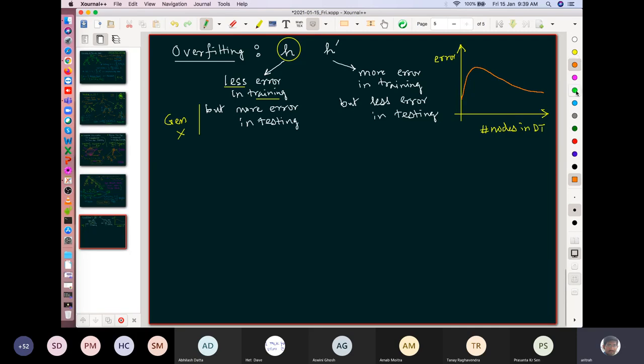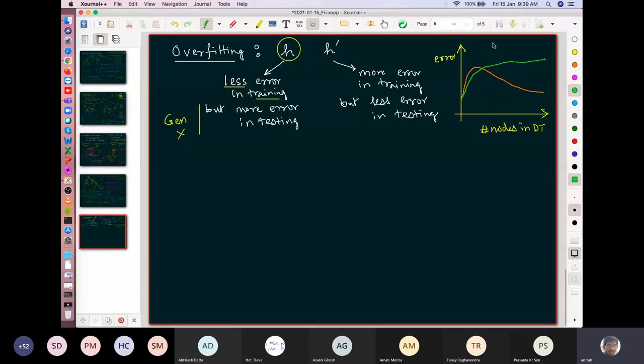Now when you go for testing, after a certain point of time you will see that your error is actually not diminishing. That means you are fitting it in a very accurate manner for training, but losing the purpose of generalization.